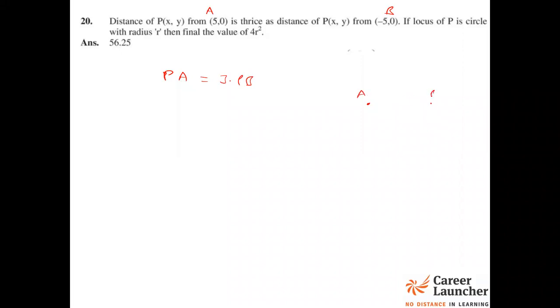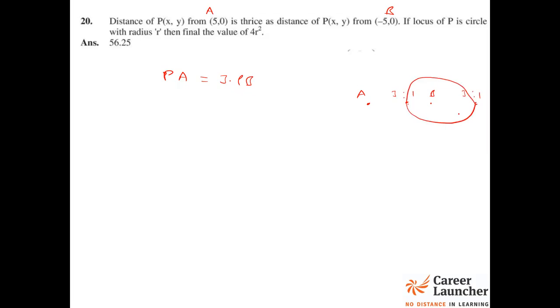If you name them as 2 points, 1 point will be dividing in the ratio 3:1 internally, and 1 more point will be dividing in the ratio 3:1 externally. So the distance between these two points will be the diameter of that circle.